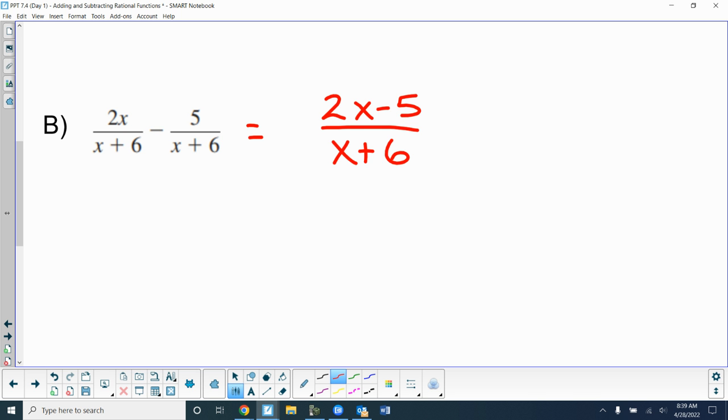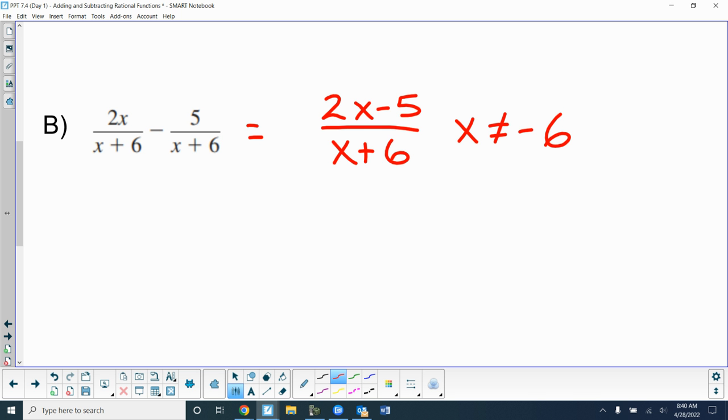Can you factor top or bottom? No. So you're finished. You can't simplify it. Right, Emma? What's x not allowed to be? Negative 6, right? Just like on the quiz.